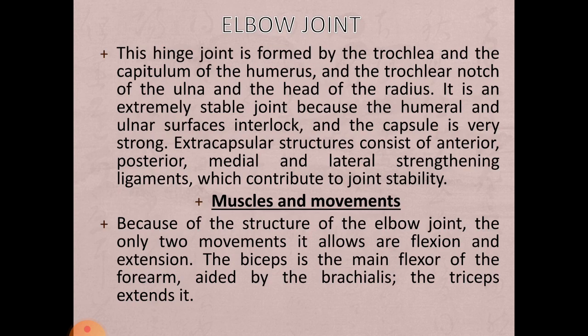and this is the antagonist of the biceps brachii muscle. It has the opposite action to the biceps muscle. Biceps is a flexor of your elbow joint, while the triceps does the opposite, extending your elbow joint.